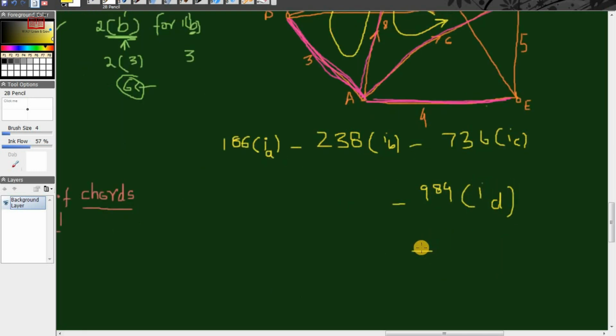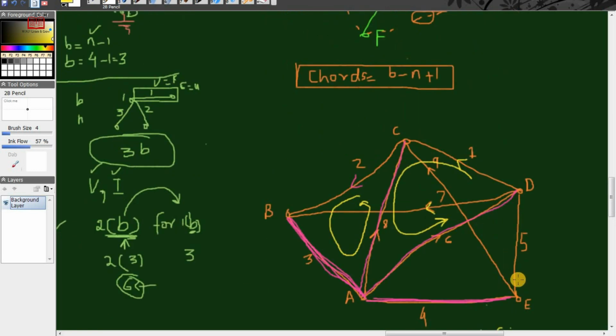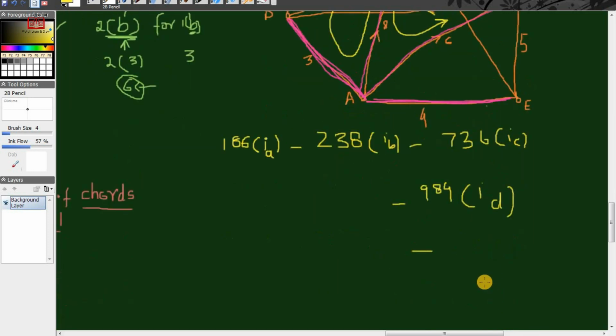And the last loop that we have here is 564. This is our 5 and this is our 6, and we will take its current as IE.